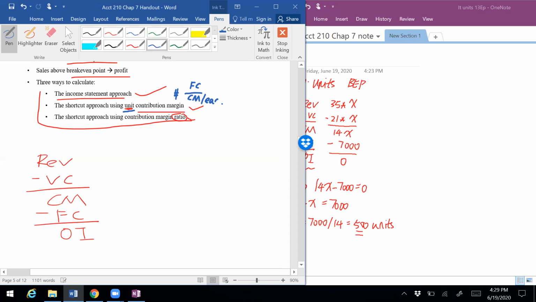Your fixed cost is a dollar amount. Your contribution margin for each unit is also a dollar amount. Then you cancel the dollar amount and get the unit.